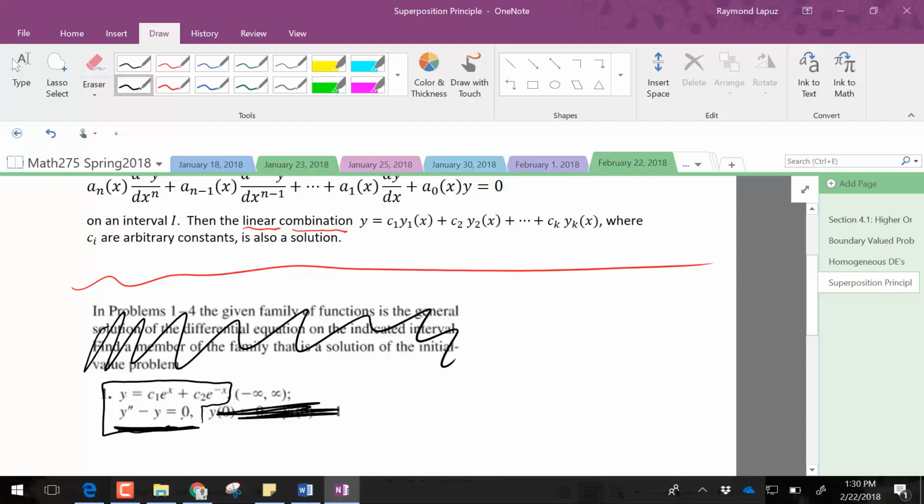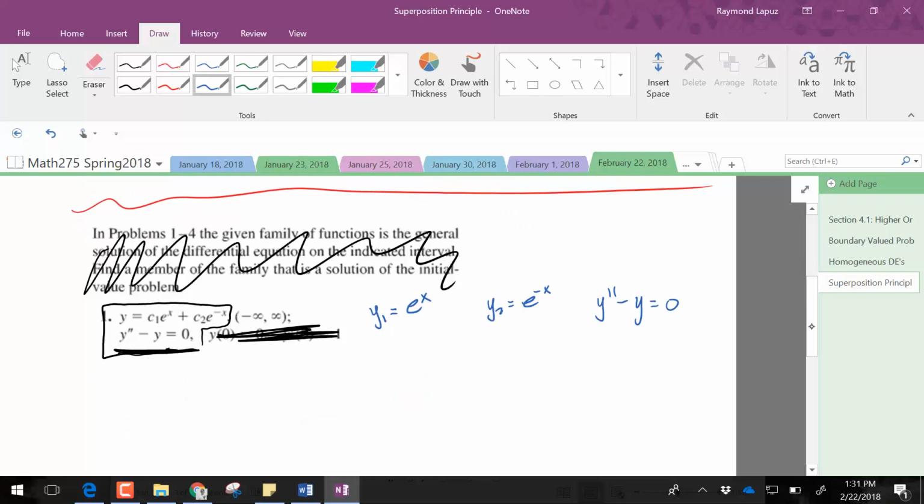Okay? So what they're saying here is that e to the x could be a solution to this differential equation. e to the negative x could be a solution to this differential equation.